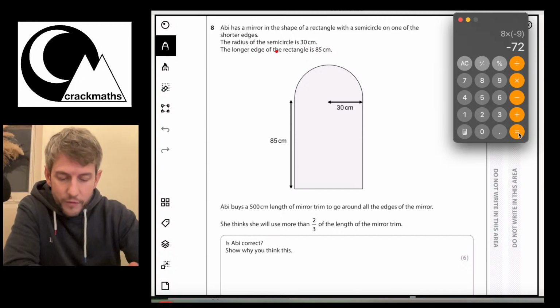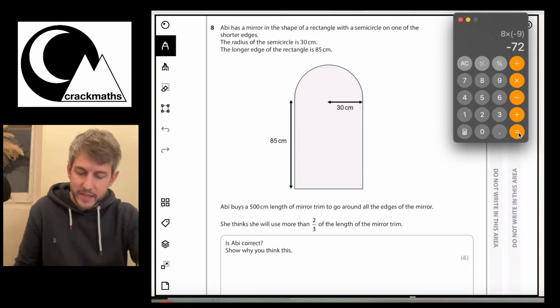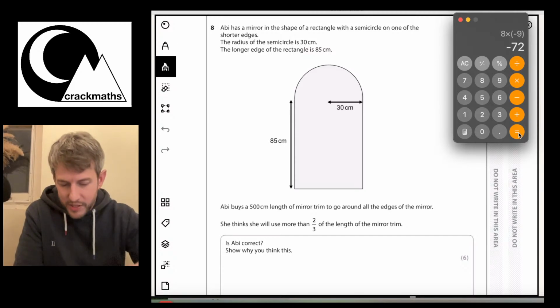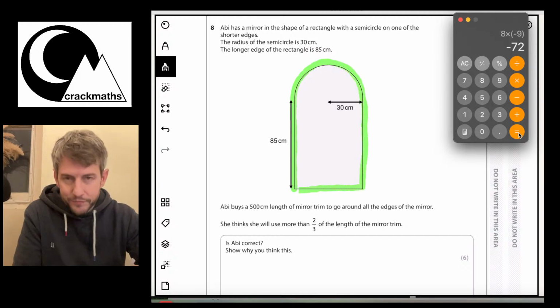The longer edge of the rectangle is 85 centimetres. Abby buys 500 centimetres of length of mirror trim to go around all the edges of the mirror. Okay, I see what she's doing. So she's putting mirror trim all around the edge of the mirror like this.